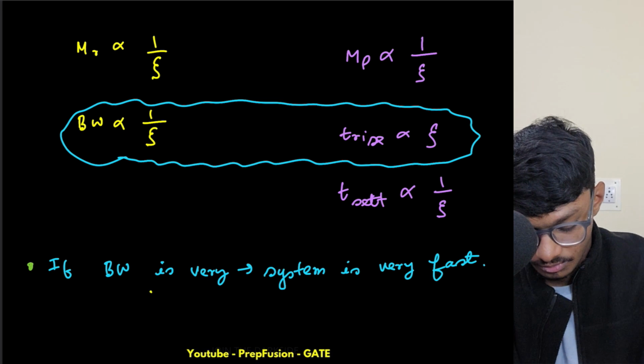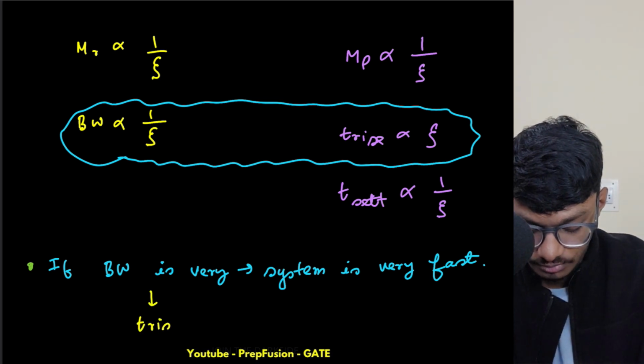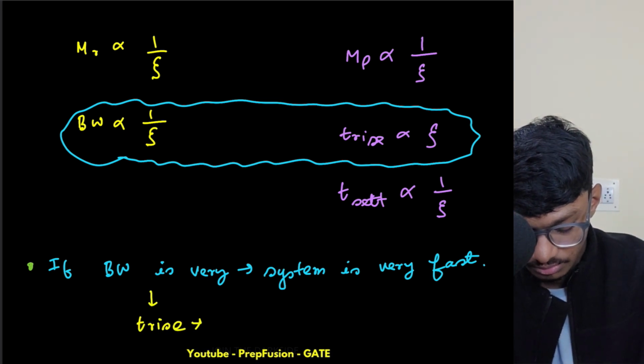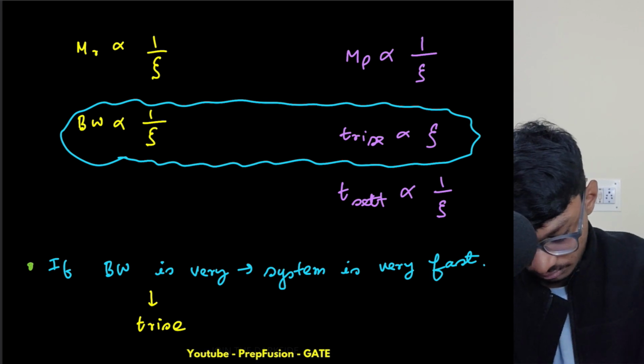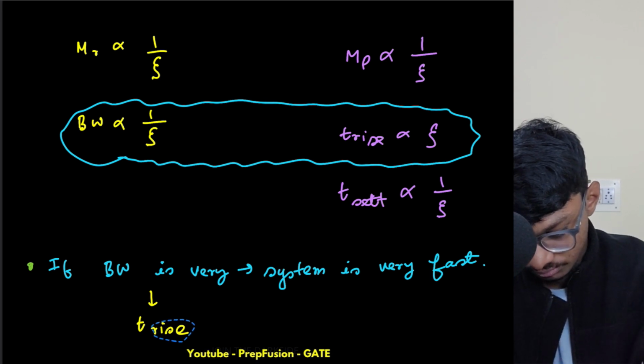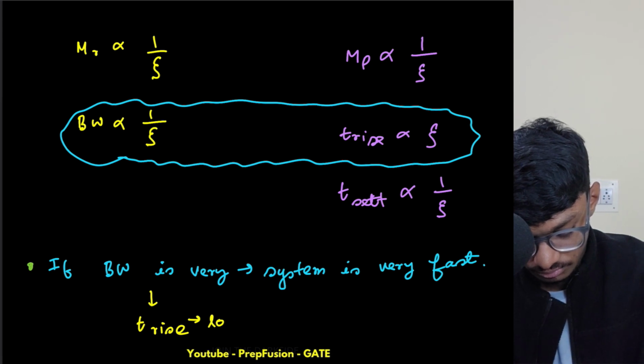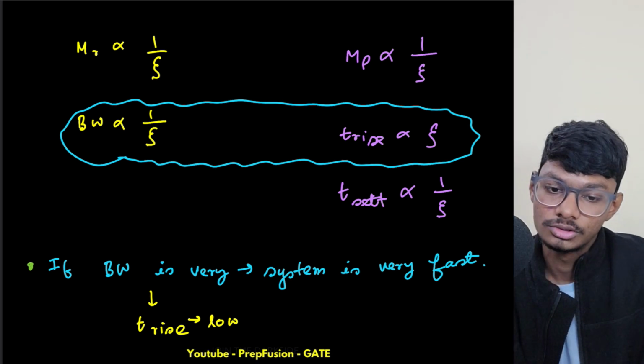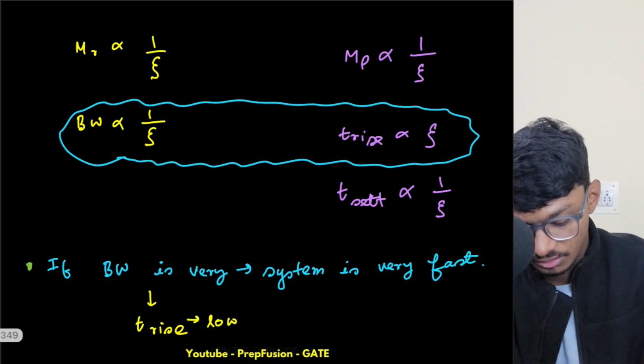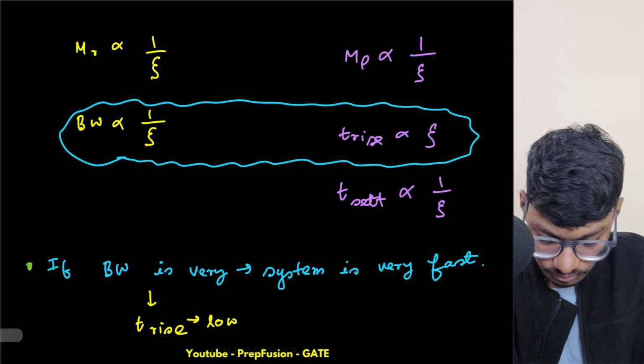Also, my rise time will be low, T rise will be low, as I get a faster transient response.